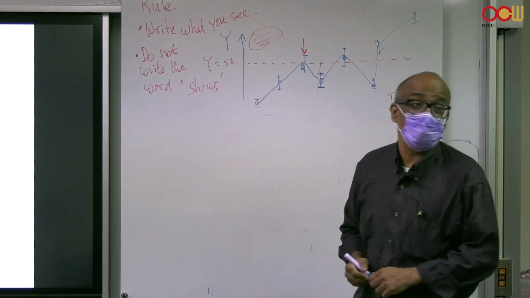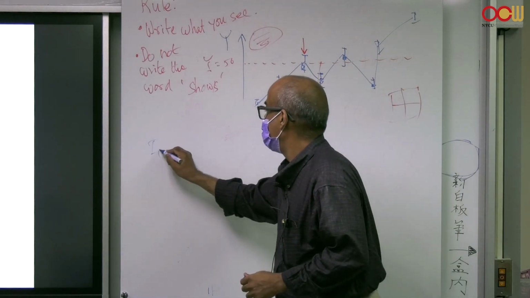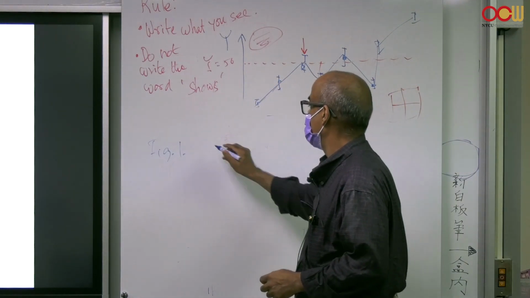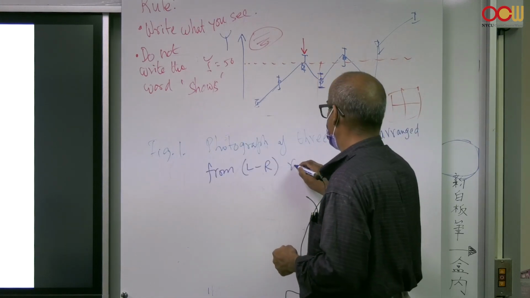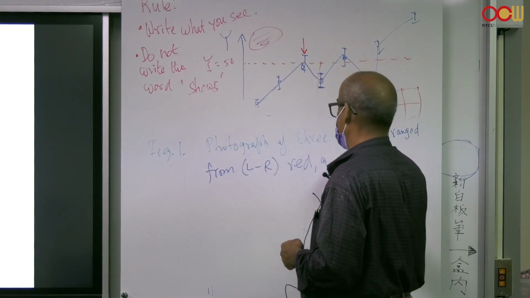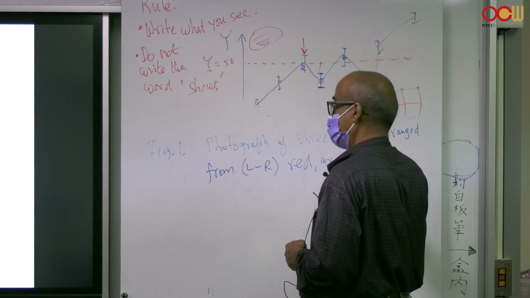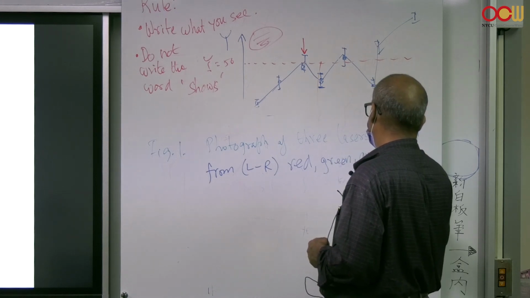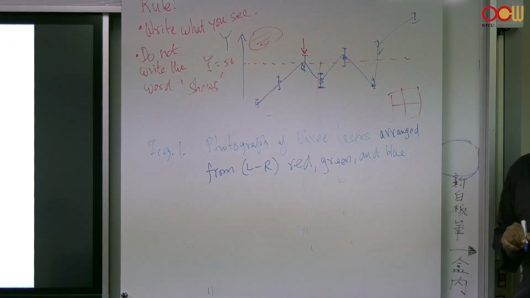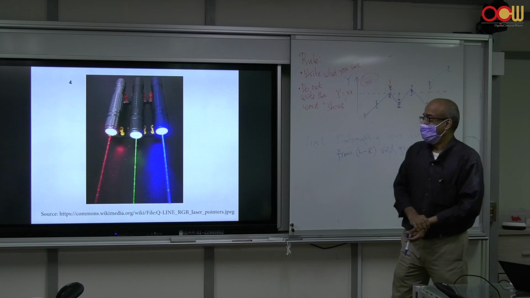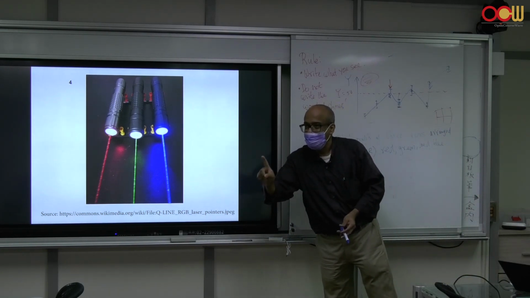So let's say this is figure 1. You cannot just say it is red, green, and blue if this image is printed in black and white.